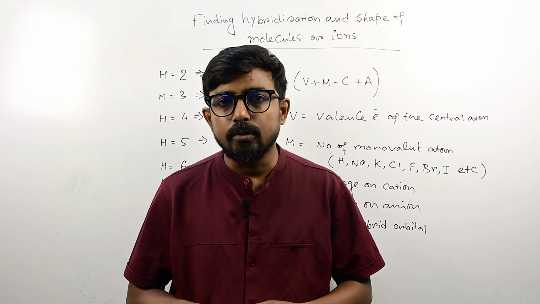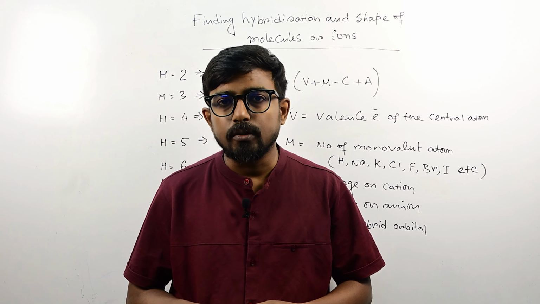So the bonds are different. When the electrons are present in these bonds, they will repel each other. This theory is called valence electron pair repulsion theory. So we have to follow Bent's rule.